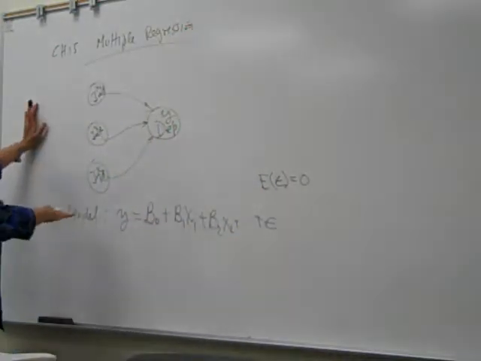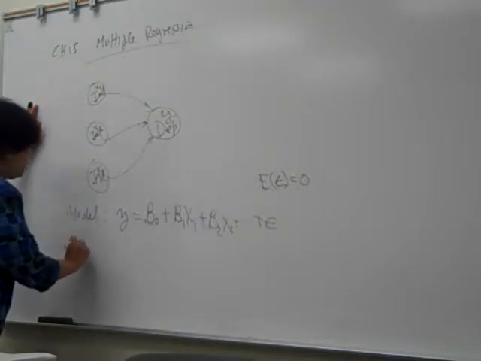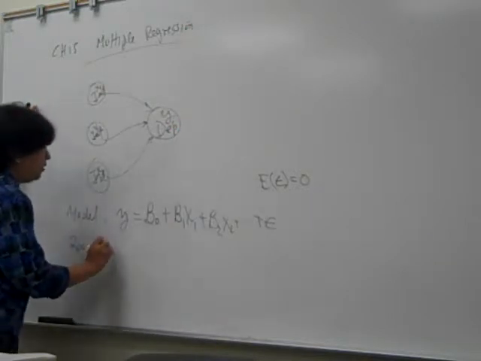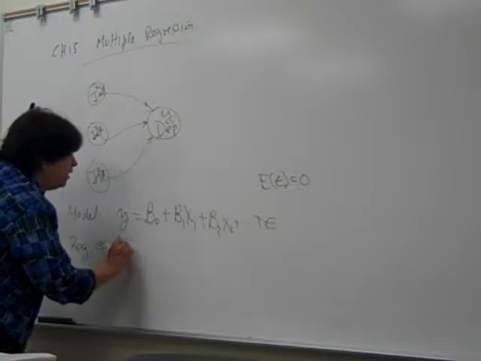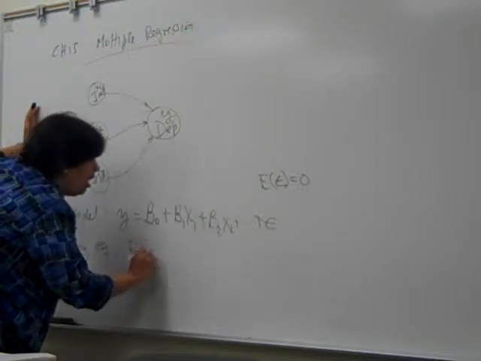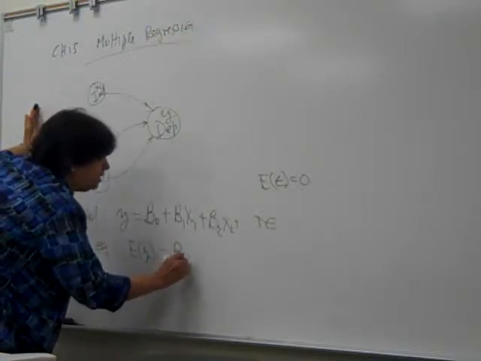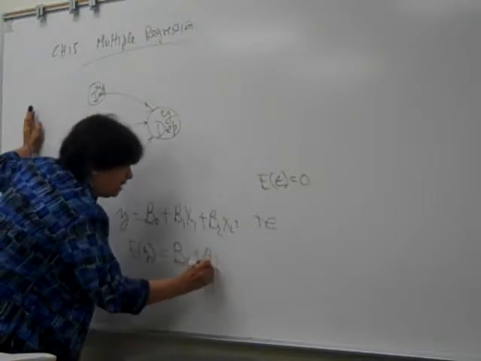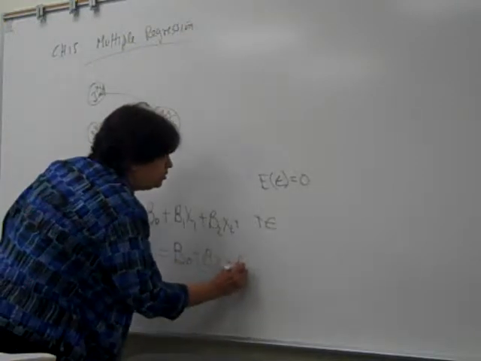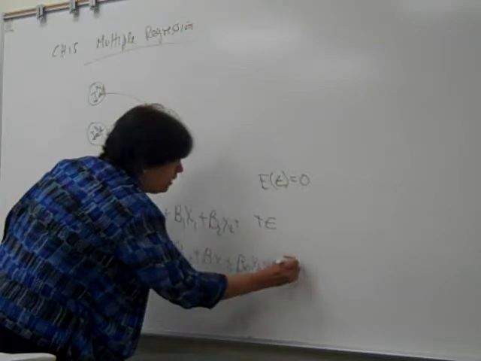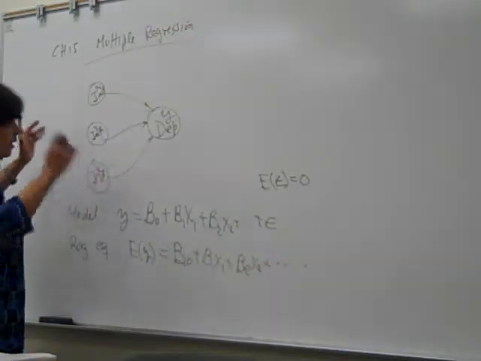Okay? This is the model. The regression equation is going to be what? The expected value of y is going to be equal to beta 0 plus beta 1 x1 plus beta 2 x2 plus whatever, beta whatever.